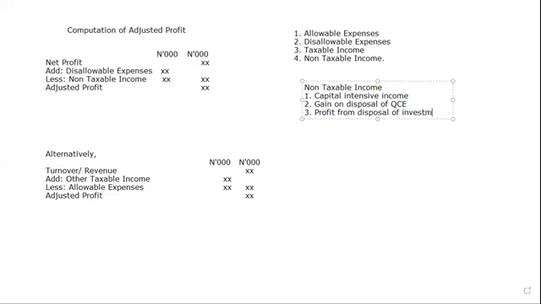Sir, please, I just want you to quickly, in brief form, distinguish between depreciation, capital allowance, and impairment loss. Depreciation is under AS 16, basically.